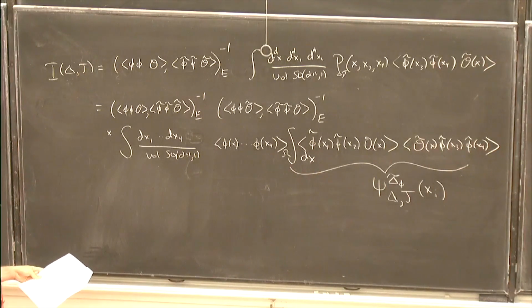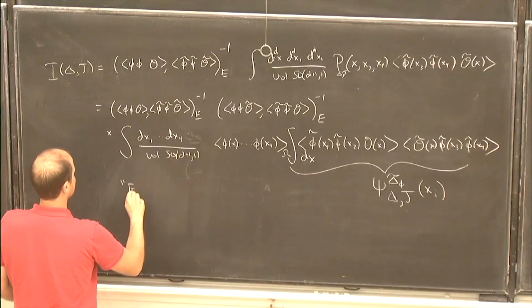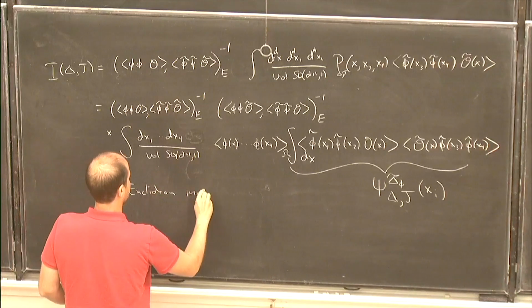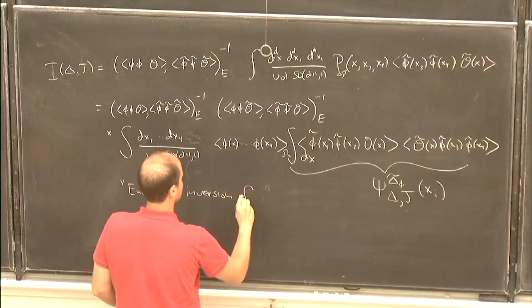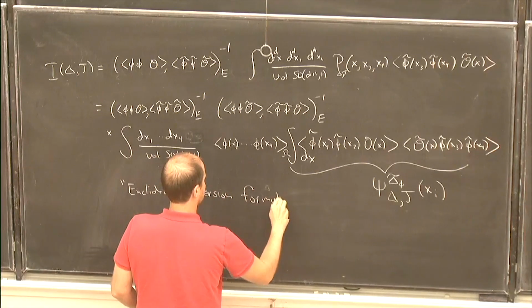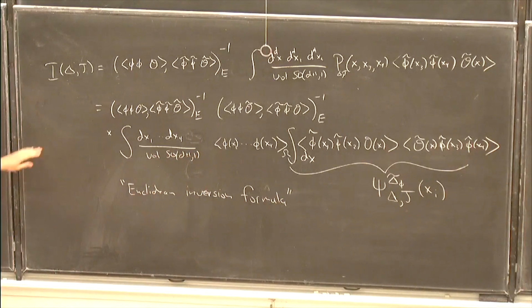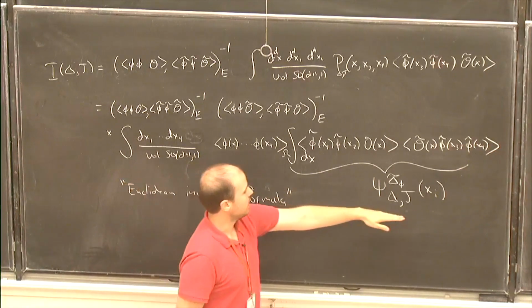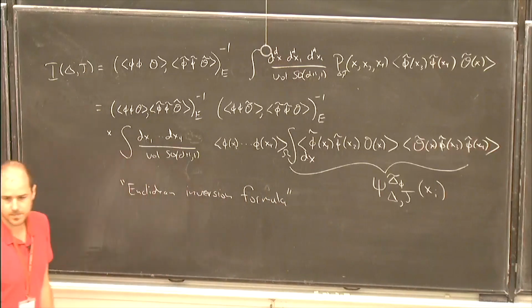And so we get what I'll call a Euclidean inversion formula. Because it expresses the function we're interested in that contains all the dynamical data, in terms of the integral of the physical four-point function times a conformal partial wave, where the integral is over Euclidean space.